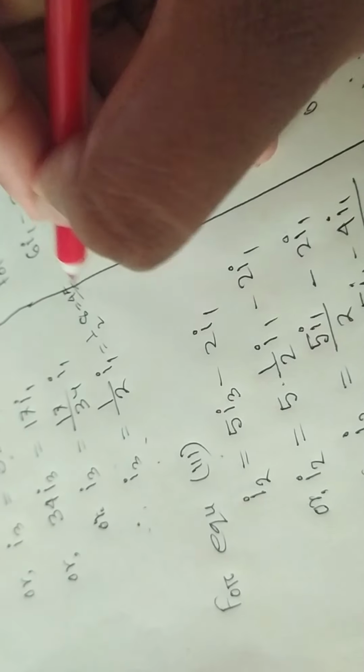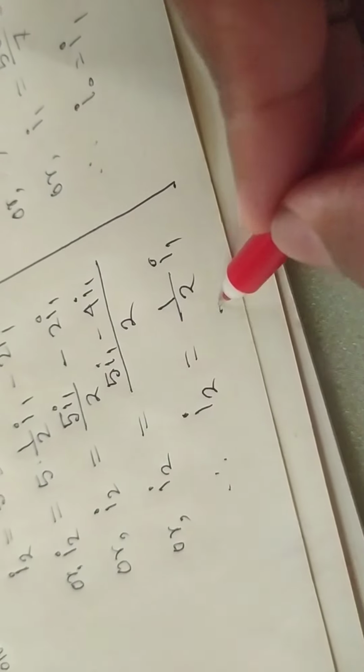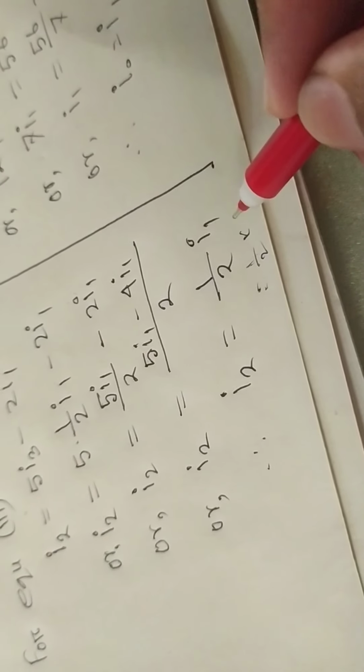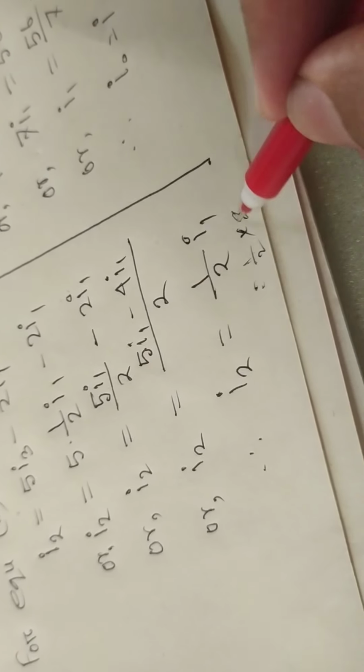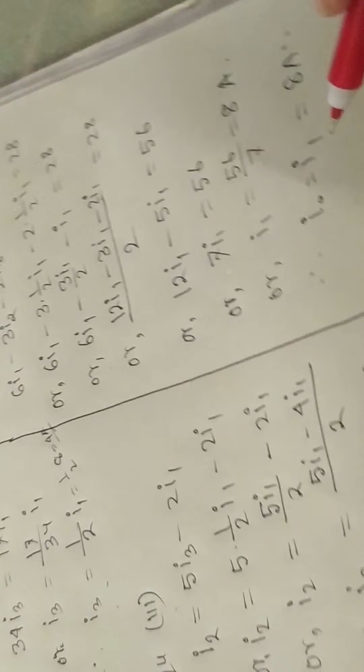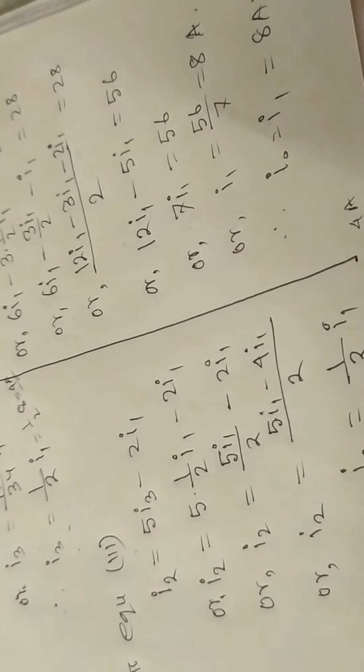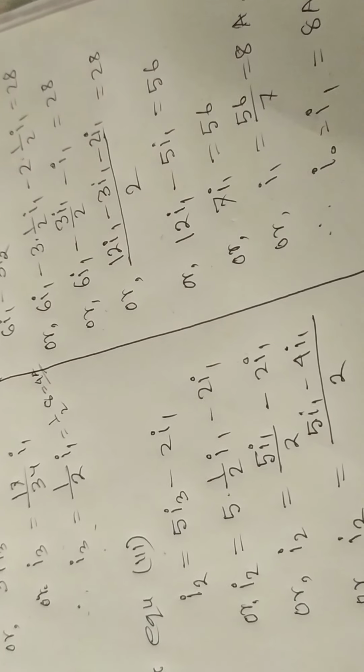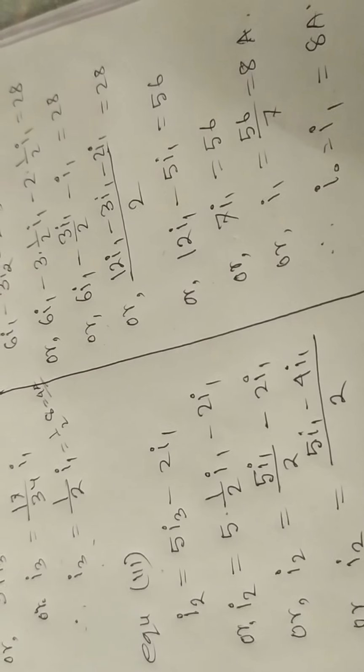The I3 value is 4 ampere and the I2 value is half of 8 ampere, equal to 4 ampere. So the I0 value or I1 value is 8, the I2 value is 4 ampere and the I3 value is 4 ampere. Thank you very much. Assalamu alaikum.